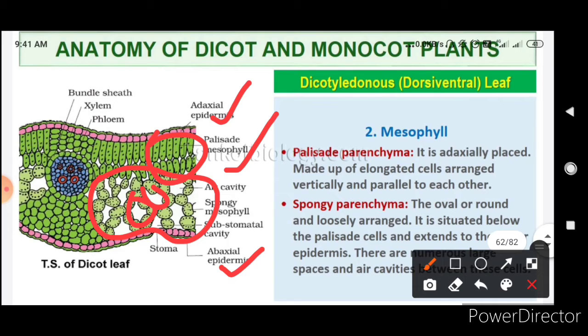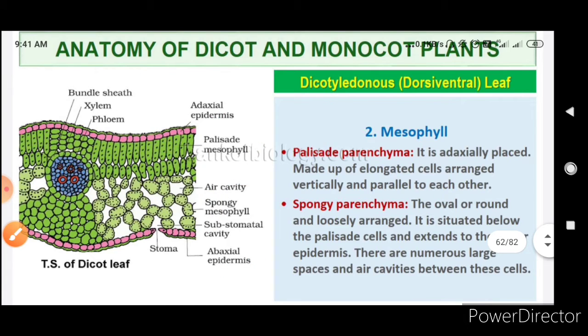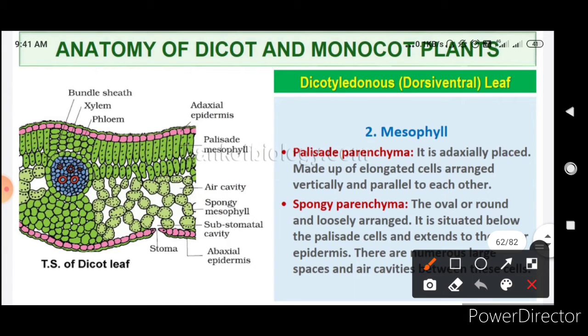Air cavities are present between these because of the large intercellular spaces. And you can also see, this is the leaf, and this is the stomatal opening. As we already saw, the stomata are more present in the lower surface of the dicot leaf. Here this is the bundle sheath cell, the outer one, and inside that are the xylem and phloem patches.